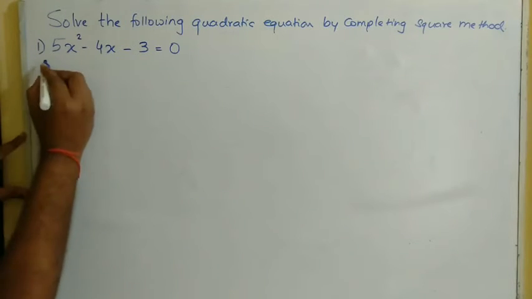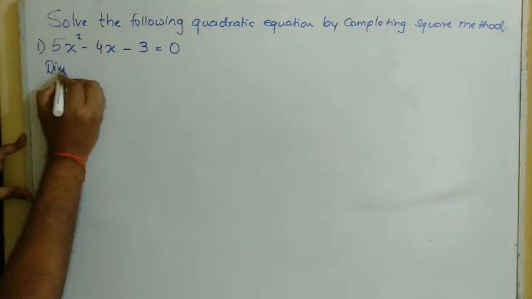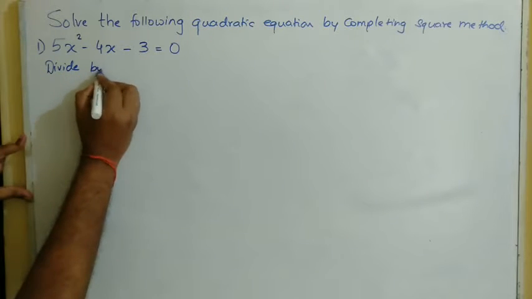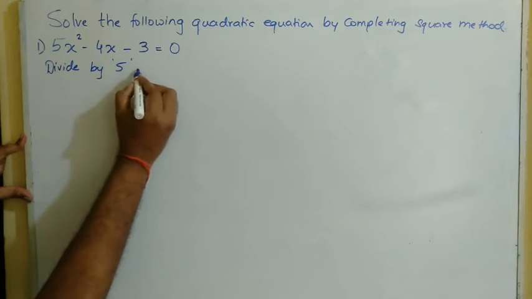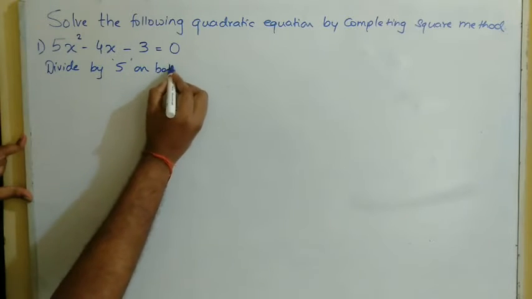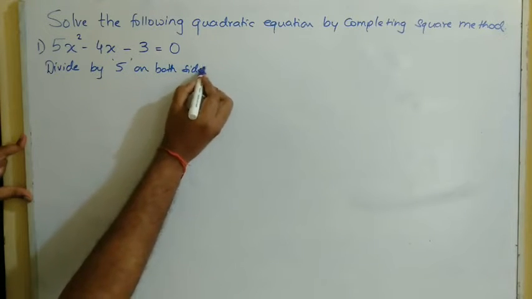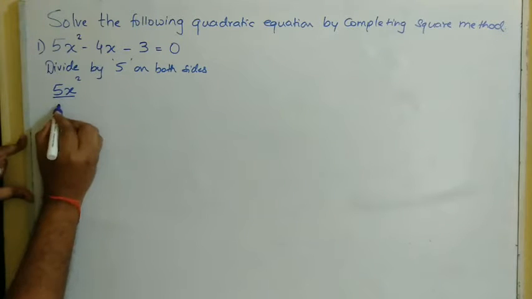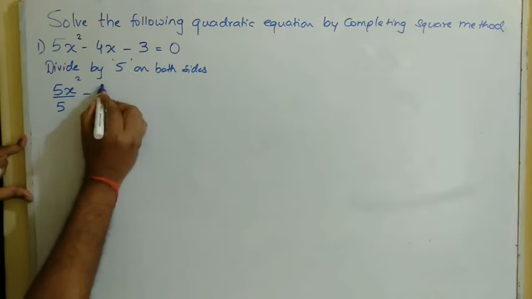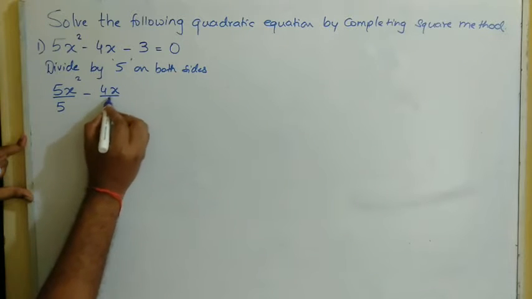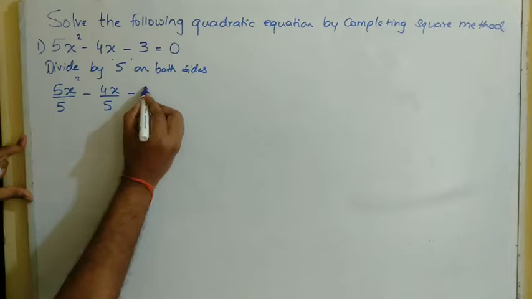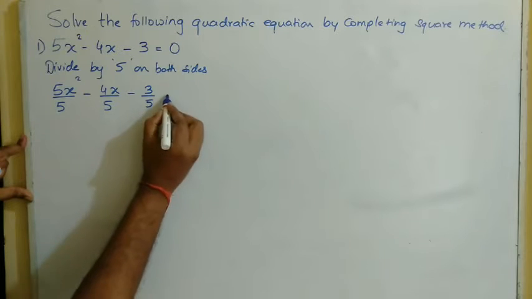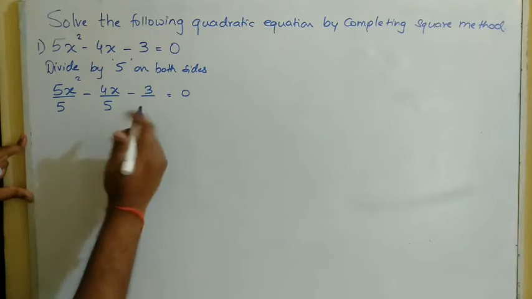Here it is 5, so I will write divide by 5 on both sides. So I will get 5x square upon 5 minus 4x upon 5 minus 3 upon 5, equal to 0.